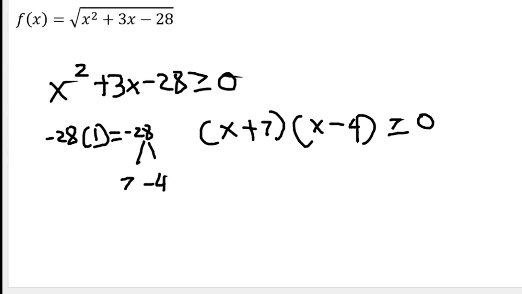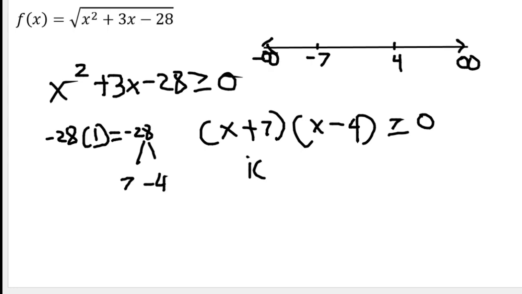Now we have these critical numbers. We're going to plug them into our number line. So solving for x, we got 4 and negative 7. Closed circle.